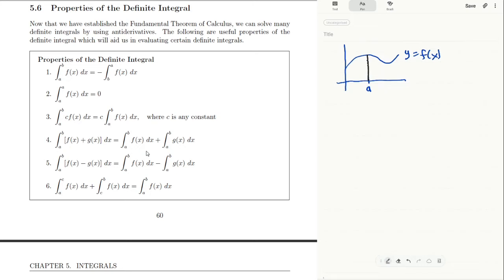Now, the last property states that we can separate the integral from a to b as the integral from a to c plus the integral from c to b. So let's have a look at an illustration of this property. So suppose this is our function, and we're integrating from a to b.